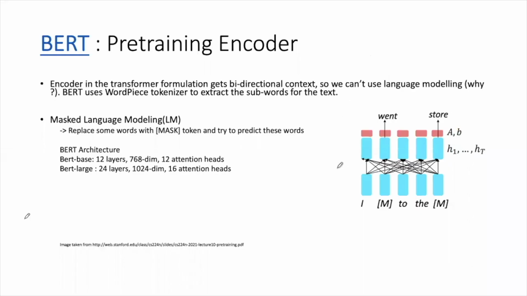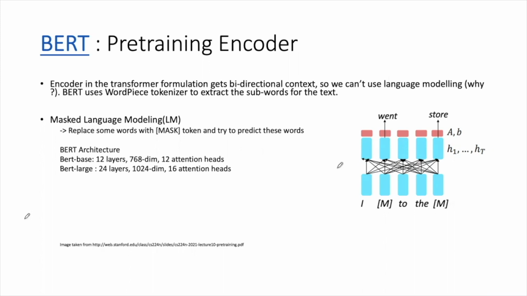Now let's move on to another form of pre-training, which is BERT. BERT is pre-training an encoder. An encoder is a transformer formulation in which bidirectional context can be incorporated, so it's different from a decoder in that way.